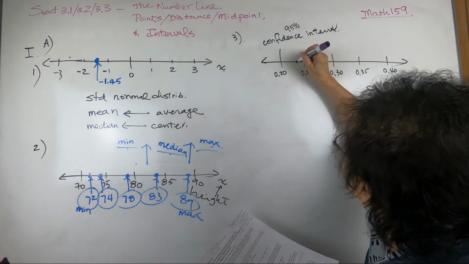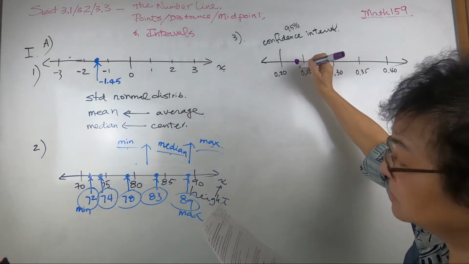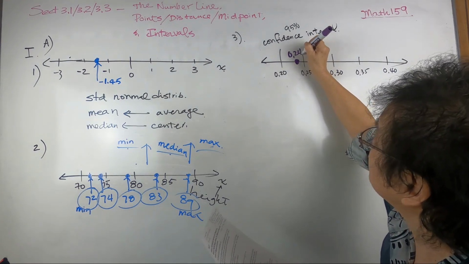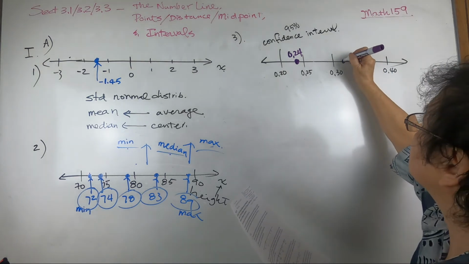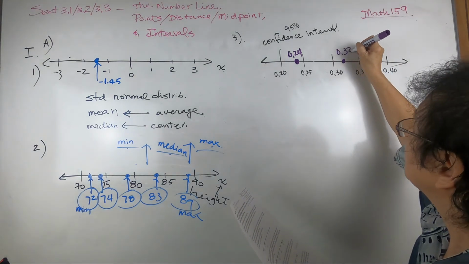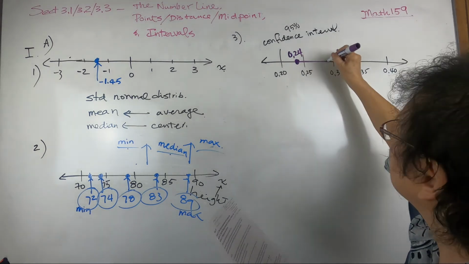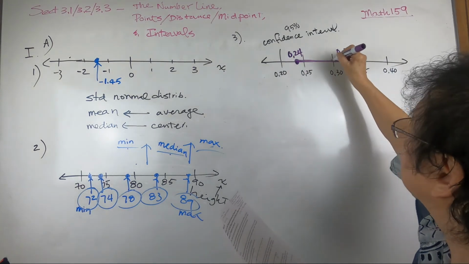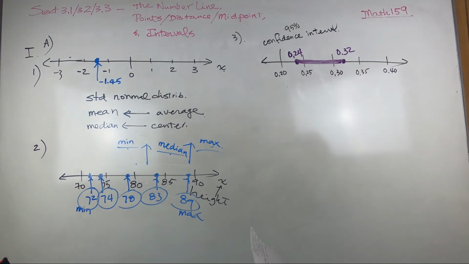So 0.24 is here. You mark it with a solid dot. So that's your 0.24. Another one is 0.32. It's right here, 0.32. We are talking about within that interval area. So you mark it with a highlight, right? Mark the area. So that would be your interval.